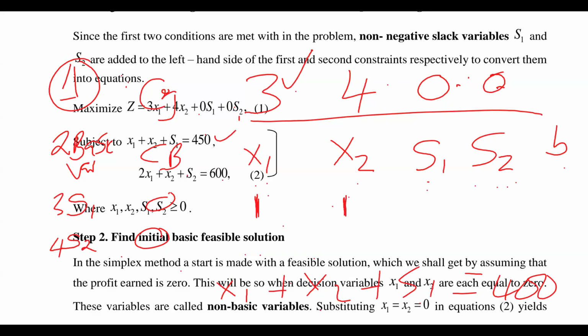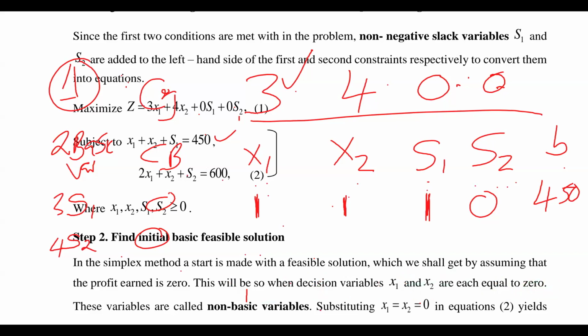What is the coefficient for s1? It's 1. Then for s2 it is 0, we don't have it. The coefficient for s2 is 0. Then for b, the last column, the product matrix, is 450, right? This B column is for the product.